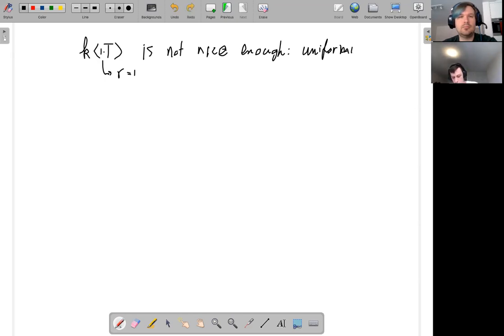This is some general procedure that you can do for any Banach ring. You get another ring with another norm, and it satisfies some universal property. And in our case, this leads to something which is denoted like this.